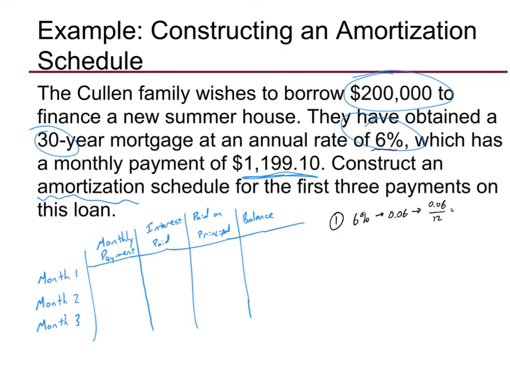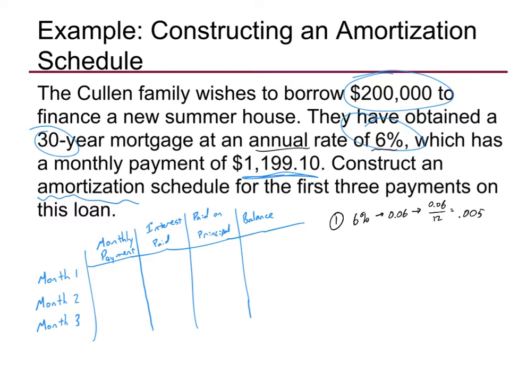We're making monthly payments. This is an annual interest rate, so we convert it to decimal form and then find the monthly interest rate. 0.06 divided by 12, type it into your calculator, 0.005, or 0.5%. That's the first really crucial step in setting up this amortization schedule.